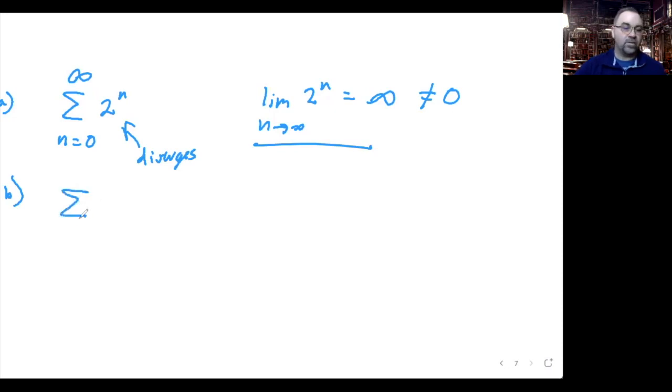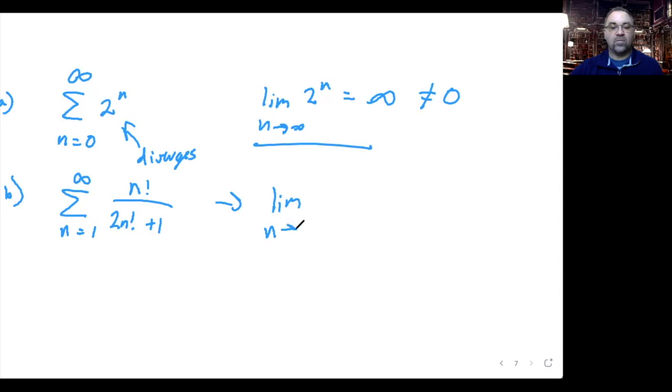Here's a series for you. n equals 1 to infinity, n factorial over 2n factorial plus 1. Now, the limit as n approaches infinity of n factorial over 2n factorial plus 1 is a half, also not equal to 0.